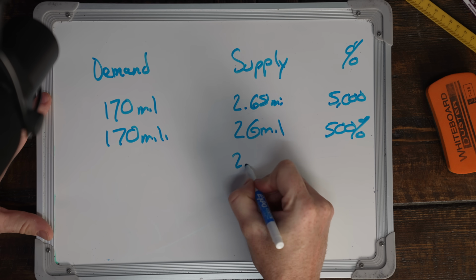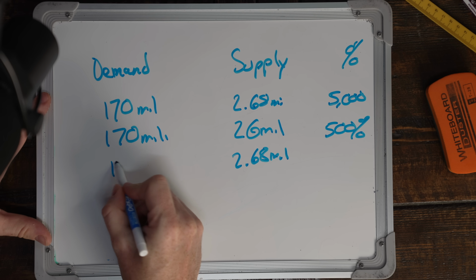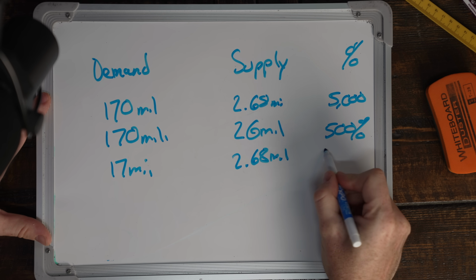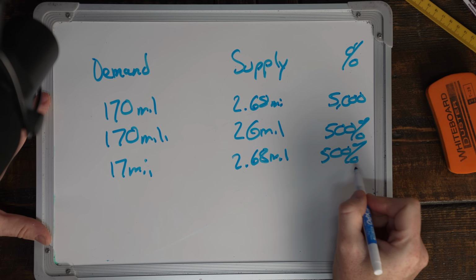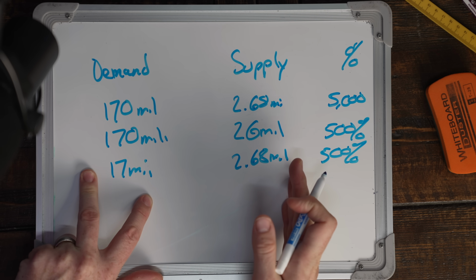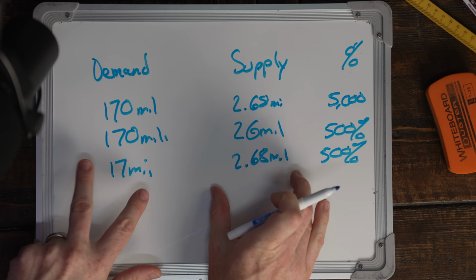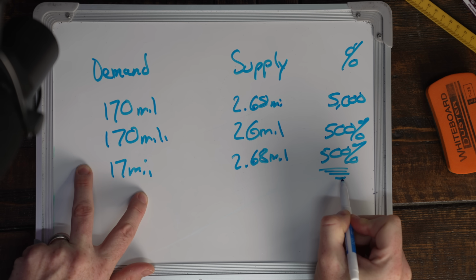Or what if it had the 2.68 million share float, but the volume was only 17 million shares? Once again, I think we would only be up about 500%. And so what we're looking at here is the relationship between supply and demand. If any of these change, then how much the price can go up will change.